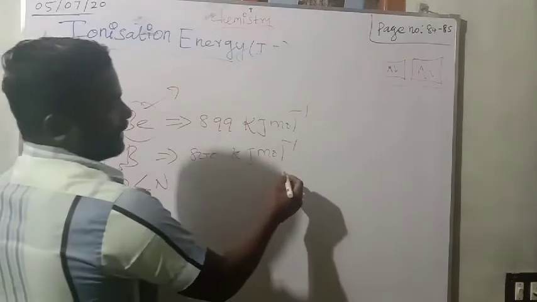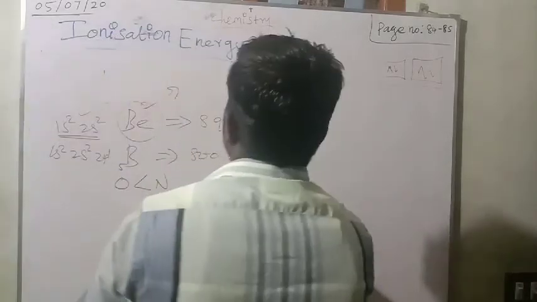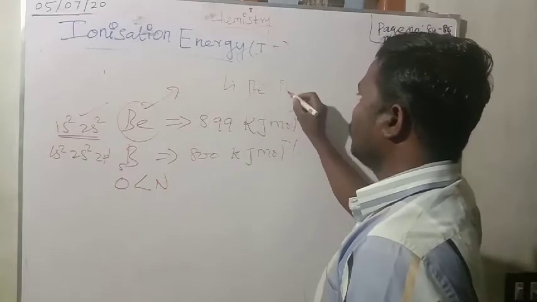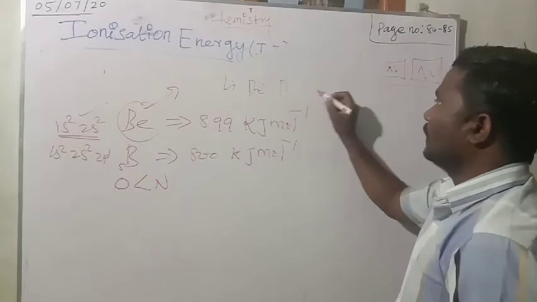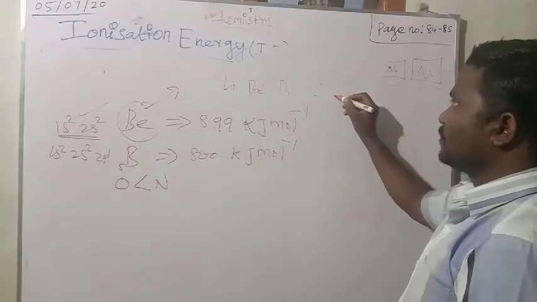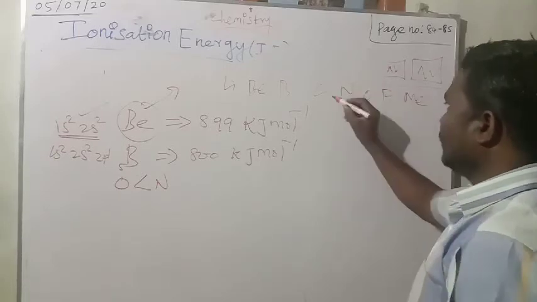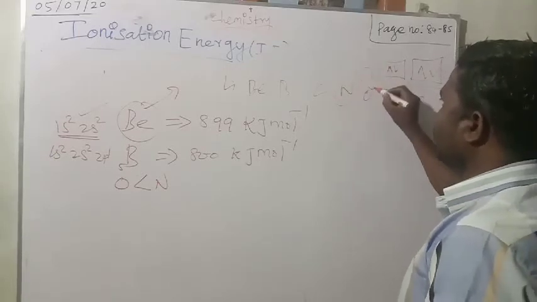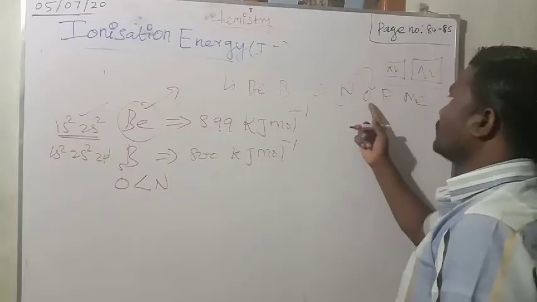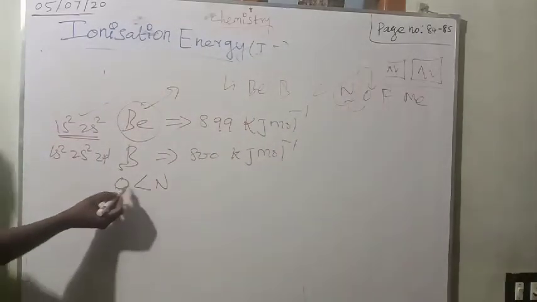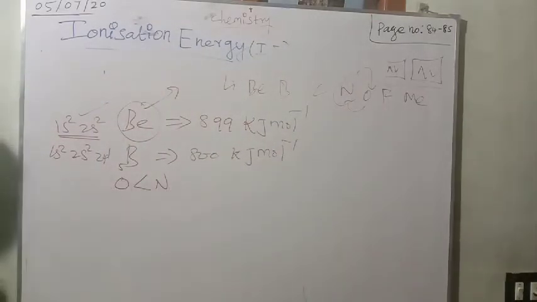We can remember, my dear student, the second period elements: lithium, beryllium, boron, carbon, next to carbon nitrogen, oxygen, fluorine, neon, right? So next to nitrogen we have oxygen, right? Oxygen only has less compared with nitrogen. That's why oxygen has less ionization energy than nitrogen.